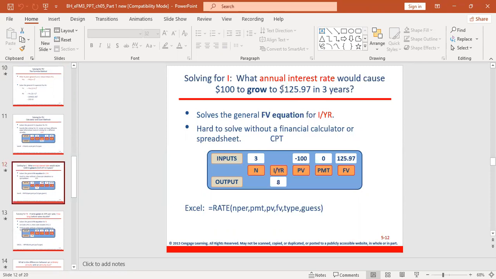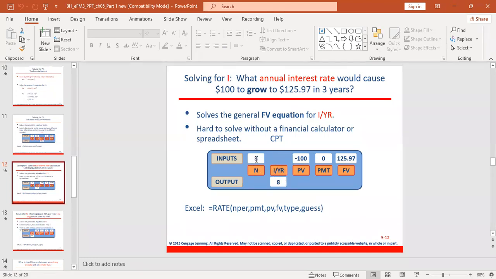You know that the future value is always bigger than the present value. So we know that 125.97 is the future value. We know that $100 is the present value. And our N is very easy to know. It's in years, 3 years. So we can find our interest per year.